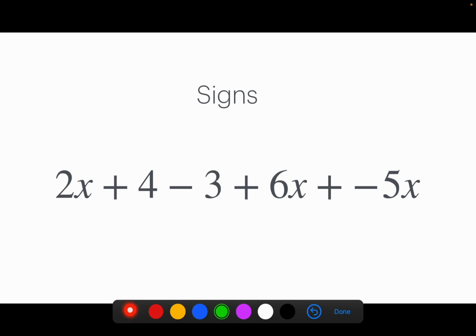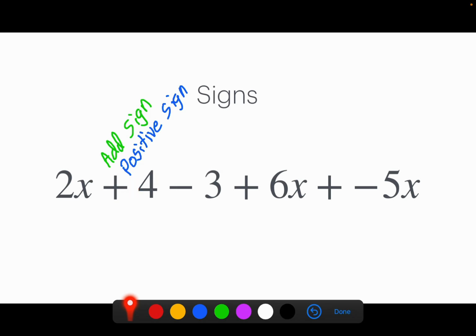It's an add sign because we're adding these two terms together, but it is also a positive sign. And the reason why it's a positive sign is because it's right to the left of this number, okay? There's nothing in between it.